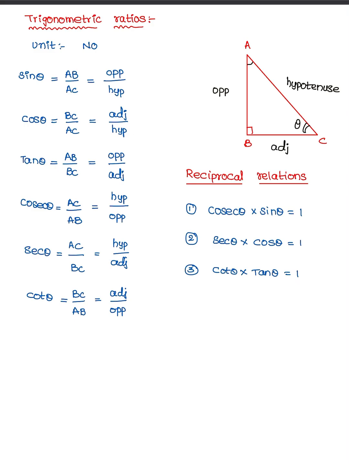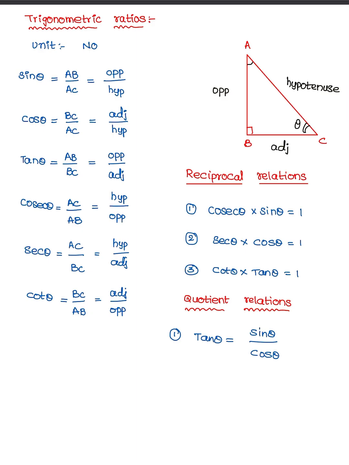Some more relations are there. By dividing two ratios, we get a third one. By dividing sine and cos, we get tan theta, so tan theta is equal to sine theta by cos theta.